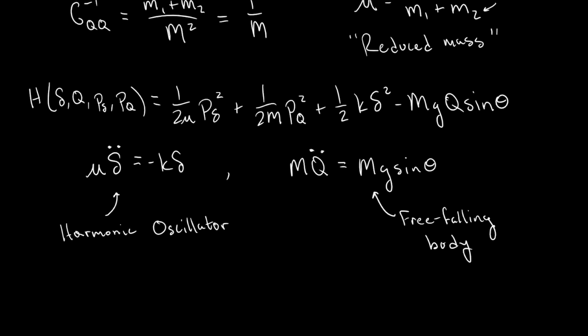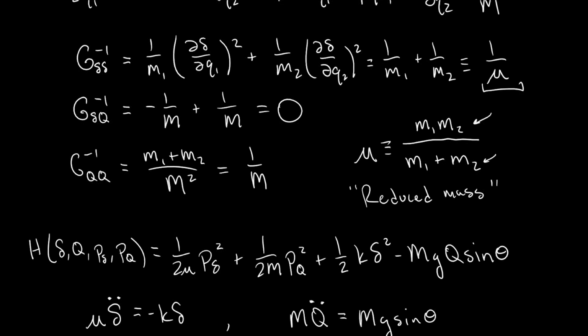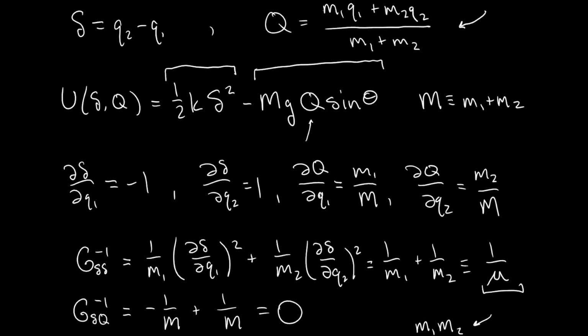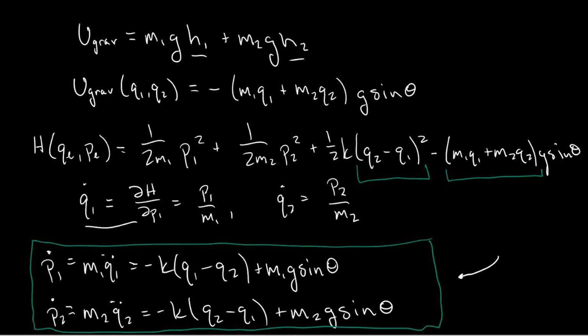So the inverse G matrix. Yeah, just a question to clarify this inverse G matrix. I'm not sure exactly where the confusion was, but a lot of this was explained in the last stream.